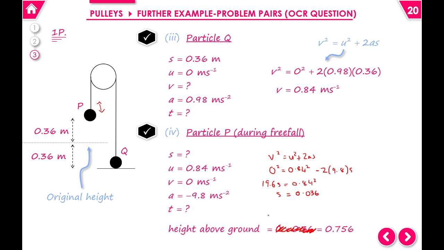What we would have here is, note that the part that people make the mistake with is how far above this starts here. Because they both started 0.36 meters above the ground, and P moves up another 0.36 here, we do want this 2 times 0.36. That calculation tells me how far it is before it moves that extra little bit up, which is 0.036.